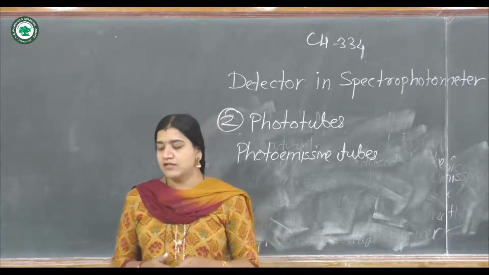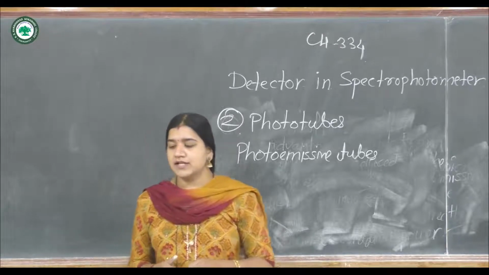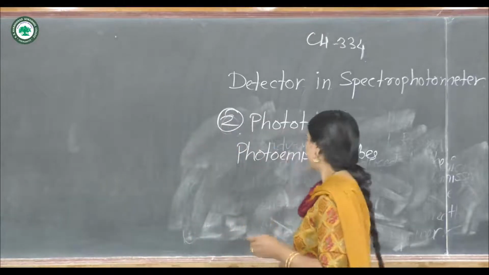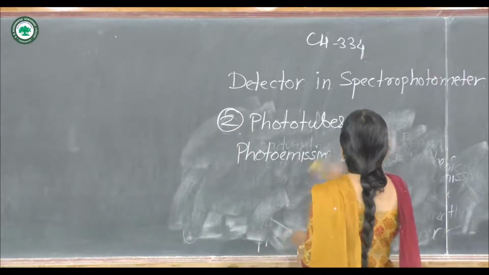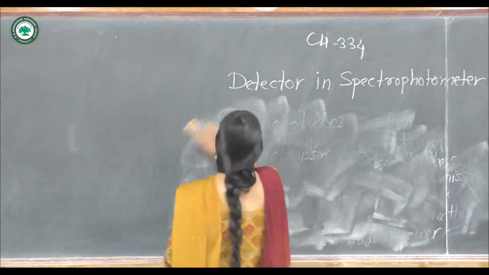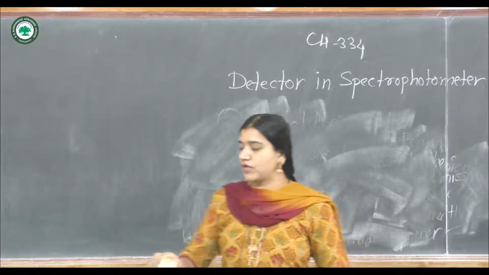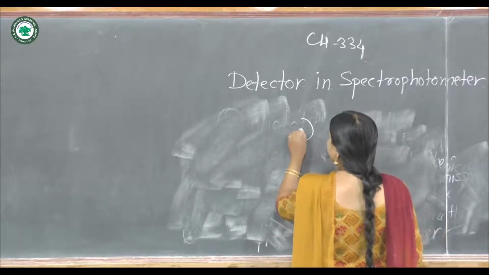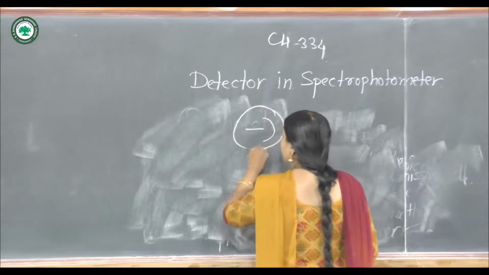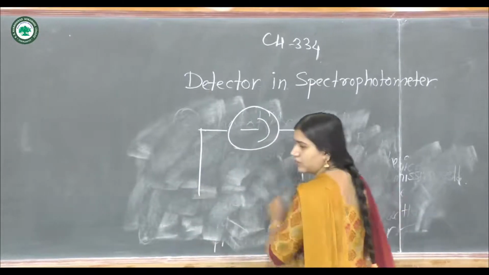The phototube contains an evacuated glass bulb, and inside the glass bulb there is a photoemissive cathode. When you look at the diagram of the phototube, it consists of an evacuated glass bulb with a photoemissive cathode inside.